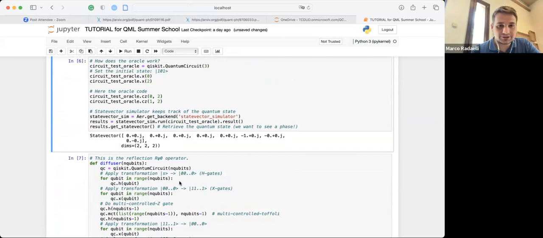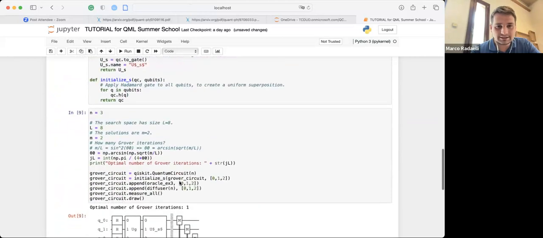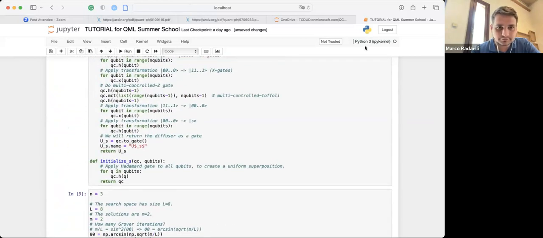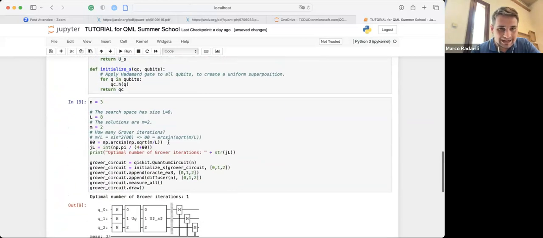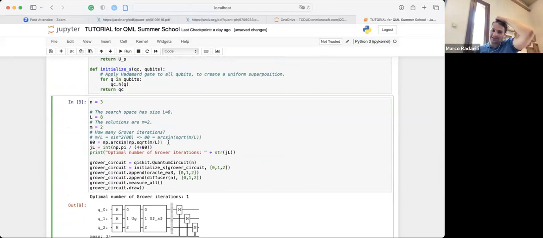Why do we set the theta naught? We don't, give me a second. I'm not setting the theta naught, I'm calculating the theta naught. The point is we are given at the beginning the M and the L. So M is 2, L is 8. So someone has given us the oracle and has told us you have 2 solutions in a search space of dimension 8.